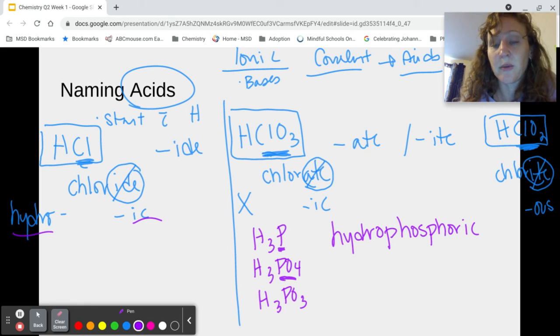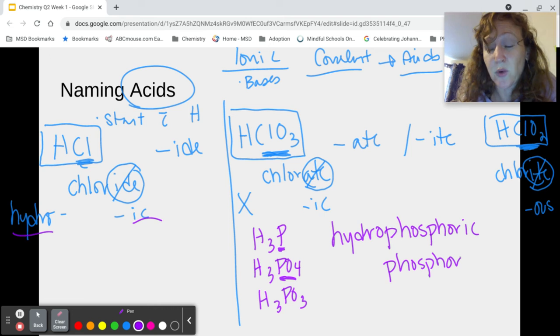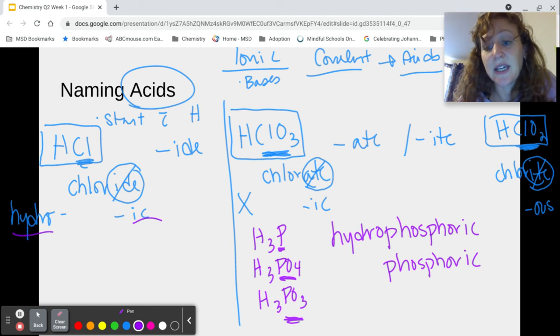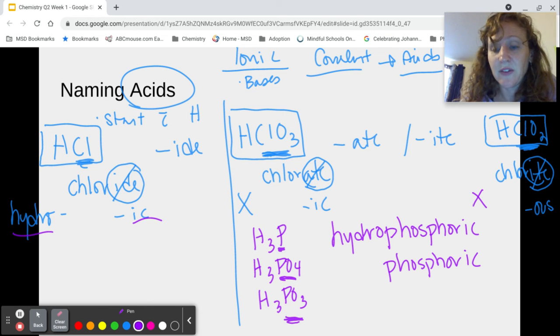Ates don't get a prefix, so I'm going to name it phosphor, and then instead of phosphate, it becomes phosphoric acid. H3PO3, the anion PO3 is going to be phosphite. The phosphites don't get a prefix. I'm going to name it phosphor, and then ite becomes ous, phosphorous acid.